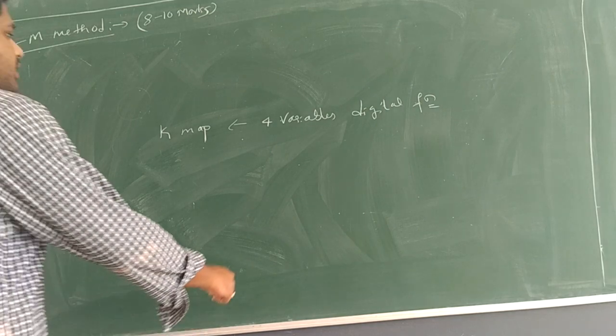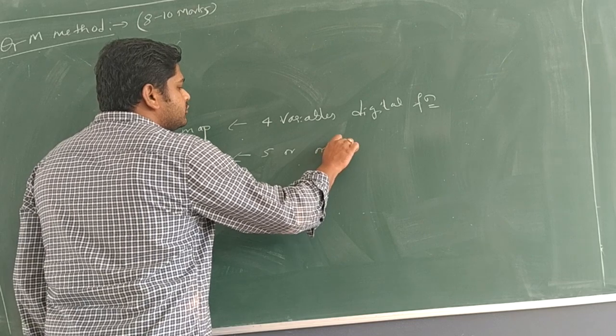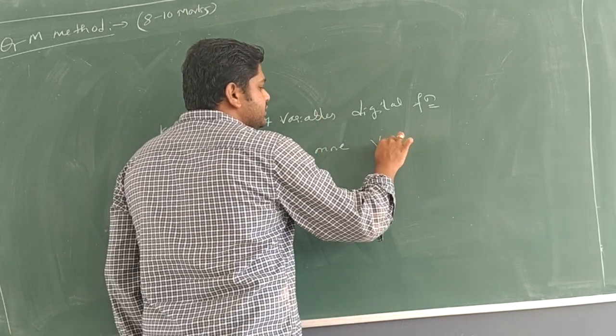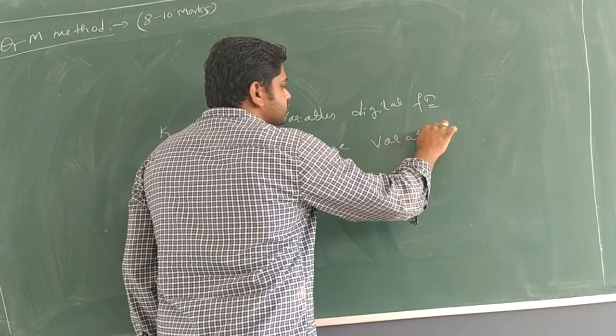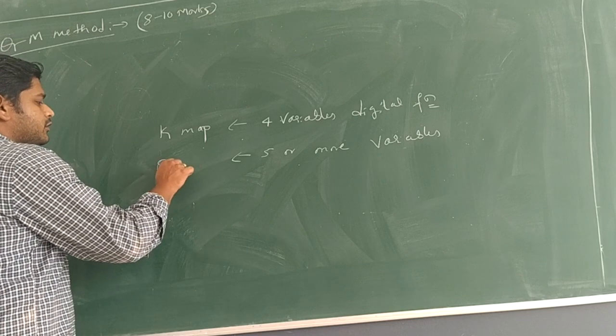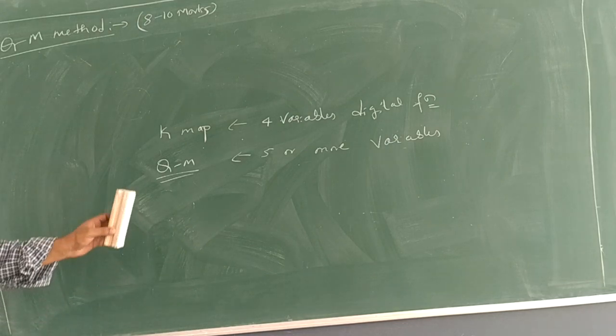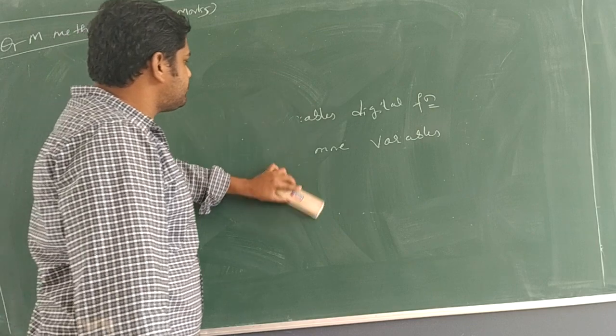If a digital function has 5 or more variables, then we choose the QM method of simplification. So this problem will be for 8 to 10 marks. It is a very important one.